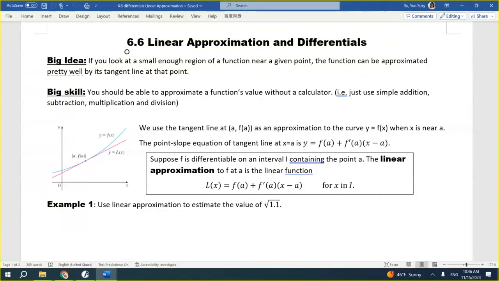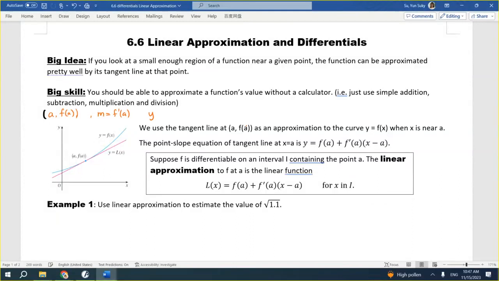Let's say this point is a, f of a, and the derivative is f prime of a. So with f prime of a as the slope and with the point, we can use point slope form to find the tangent line.